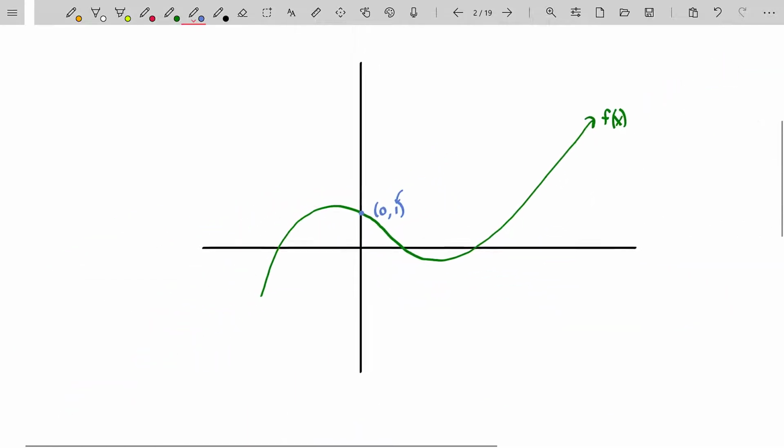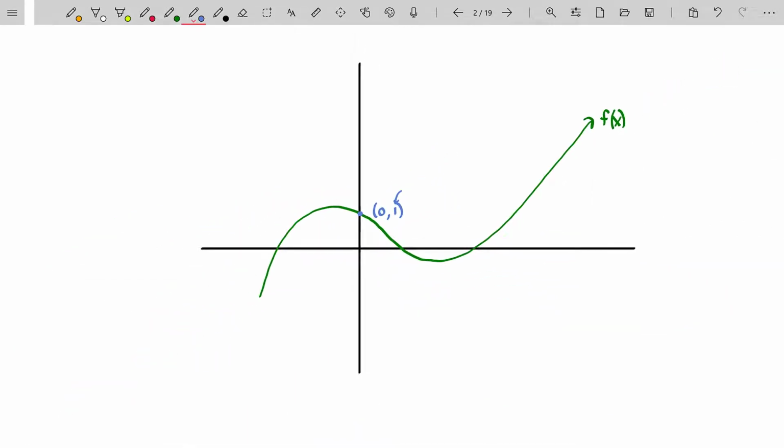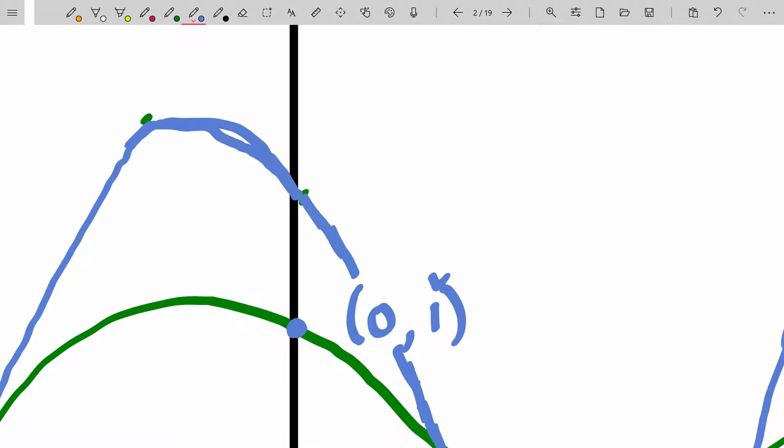Now, if I were to graph maybe 5, well, let's not do that. Let's graph twice f. Okay, so that blue ink right there, we're just going to pretend that's twice f of x. And I want to know, what is the limit as x is approaching 0 for that blue function, not the green function, but the blue function? Again, if that's twice f of x, then the y value right here at time 0 is twice what f of x originally was.